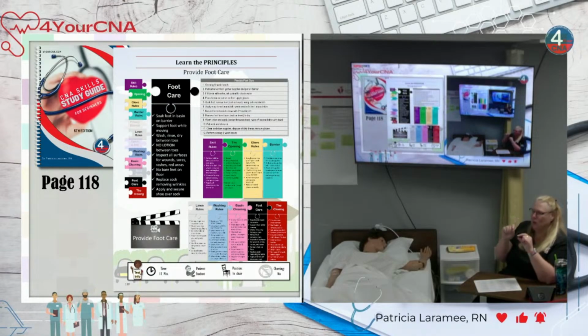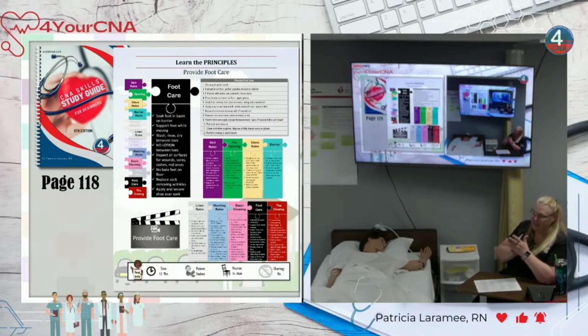Well, we don't want that. That's not something that CNAs deal with. So that has to be addressed by a podiatrist. Because of that thickening and yellowing of the toenails, they have to be trimmed and filed and sometimes ground down in a different way.